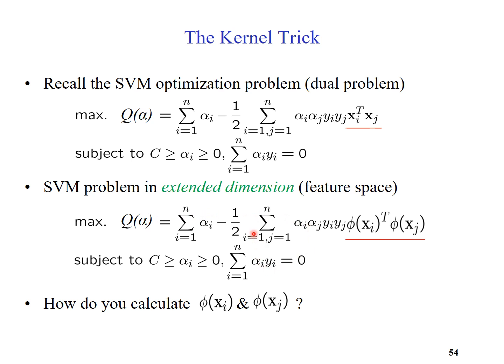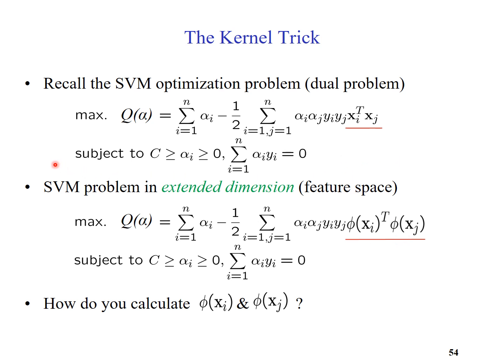The only difference is that the original data Xi is now mapped to a higher dimension, and this Xj data is also mapped to a higher dimension. The rest is the same, and this part is the only difference.